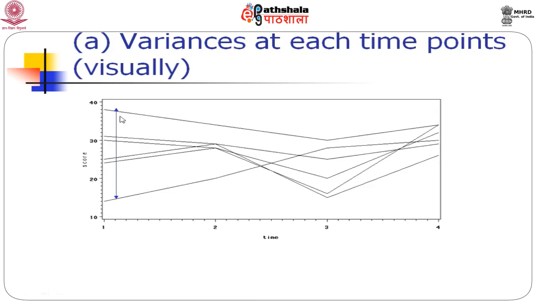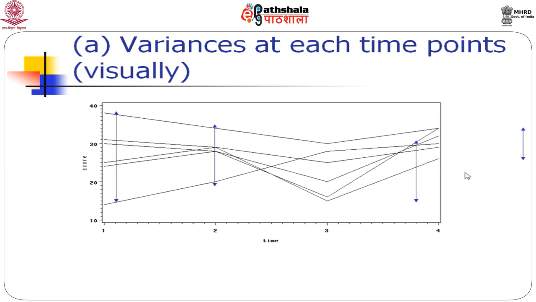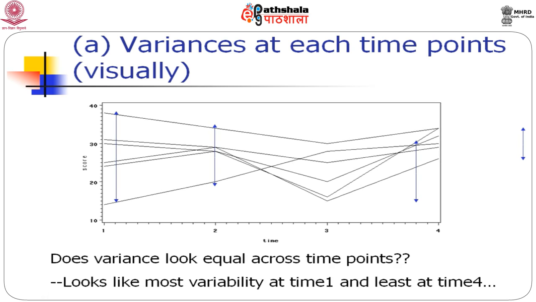From the baseline, you see that there is a variation, and over different time points as well. And finally, the outside arrow essentially indicates the maximum variance that you can get, in time 4, for all the patients observed. All right.